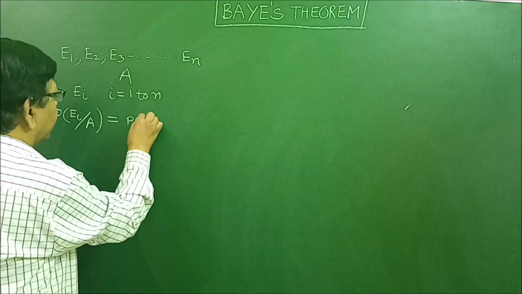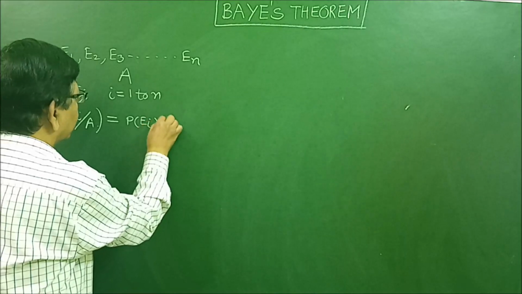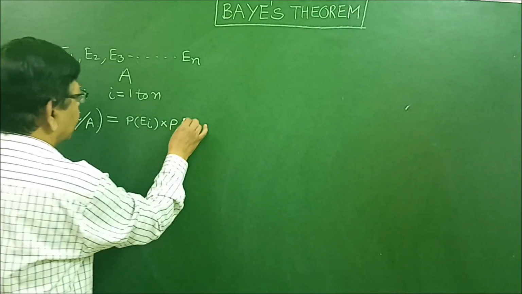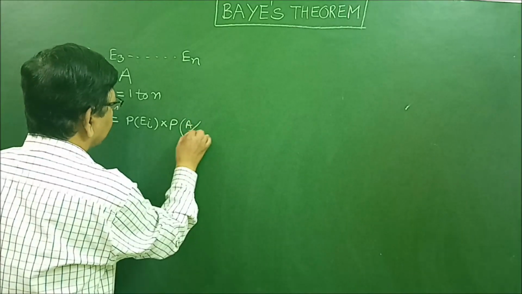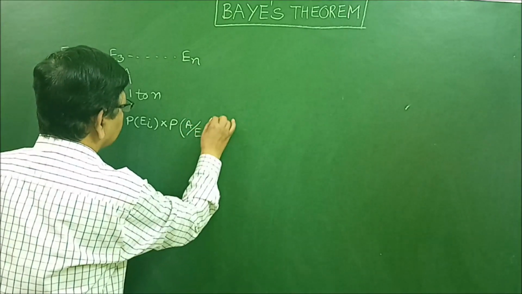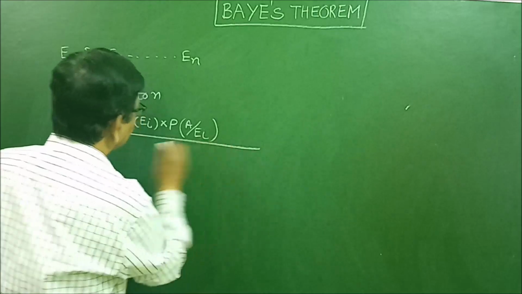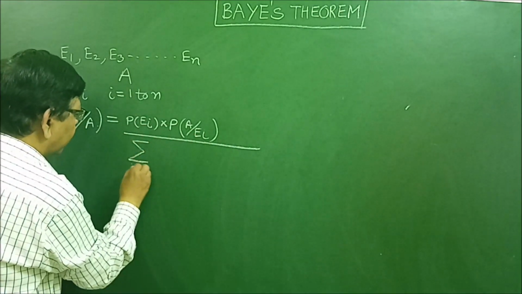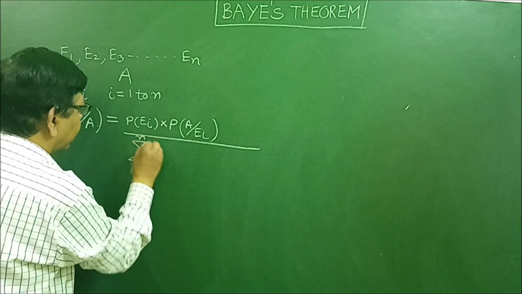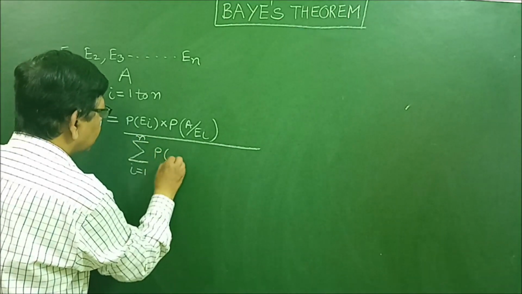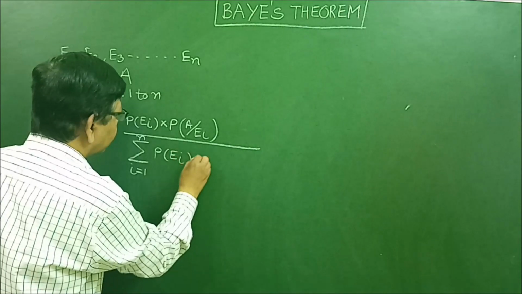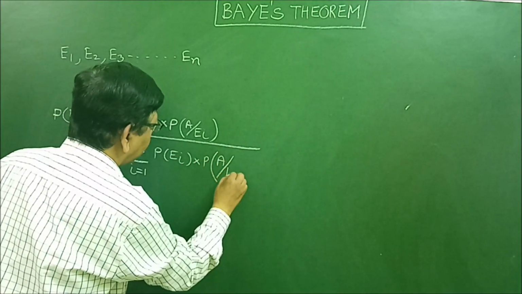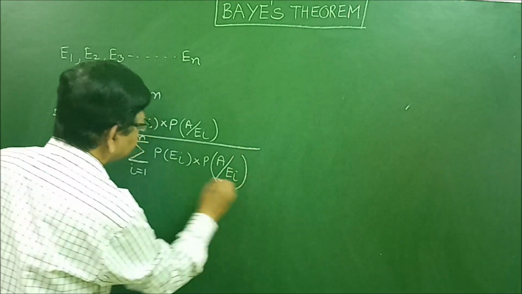probability of Ei into probability of A given Ei, upon the sum of all these probabilities, sigma i varies from 1 to n, P(Ei) into P(A/Ei).